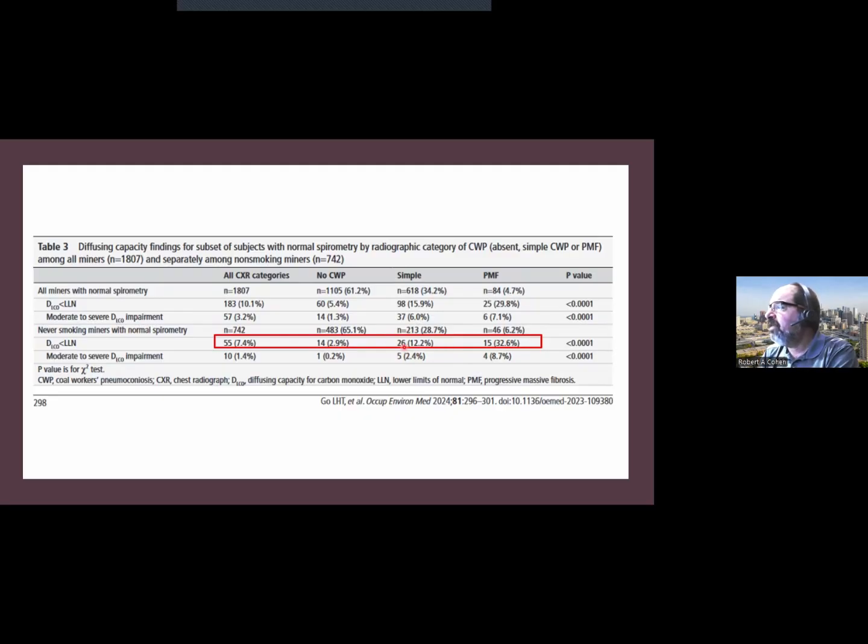Again, that was quite a significant difference, showing that the dust disease causes damage to the gas exchanging surface of the lung in people absent smoking and with normal spirometry. And these folks would all be missed, in terms of their impairment, if you didn't have the diffusion numbers. And for moderate to severe disease, the numbers were smaller, but still important.